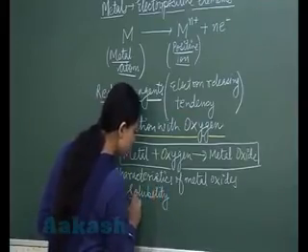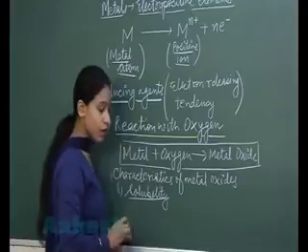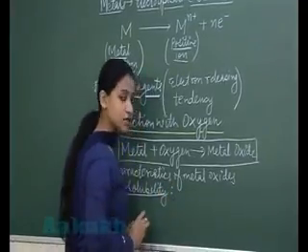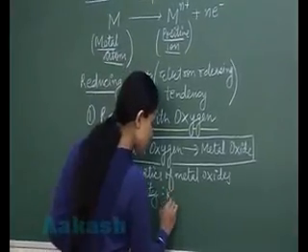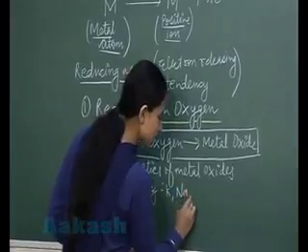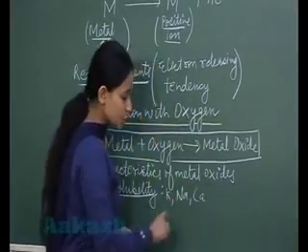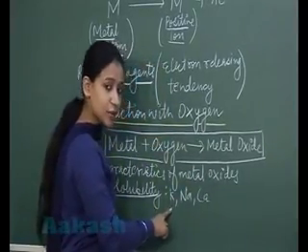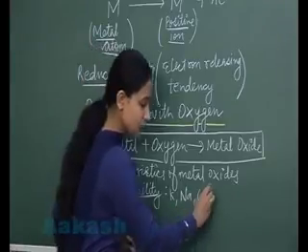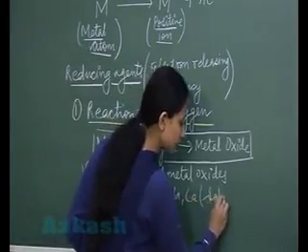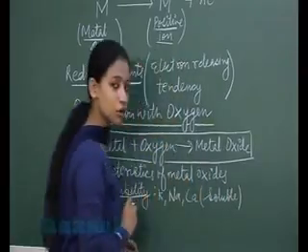Generally these metal oxides are not soluble in water, but the metal oxides of elements such as potassium, sodium, calcium are soluble. So the oxides of metals like potassium, sodium, calcium are soluble in water.